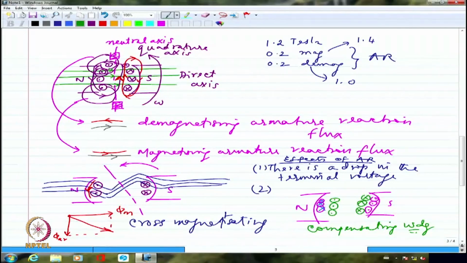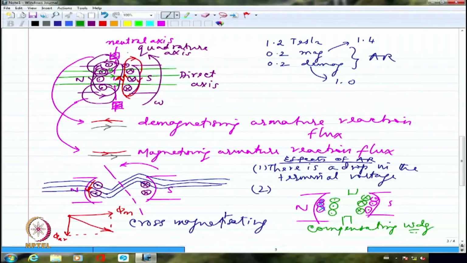We will also have something called interpoles, which are smaller poles, which will nullify either the magnetizing effect or the demagnetizing effect. Please remember that the magnetizing and demagnetizing effects always take place along the Q axis, while along the D axis, to nullify the cross-magnetizing effect, we put compensating winding.